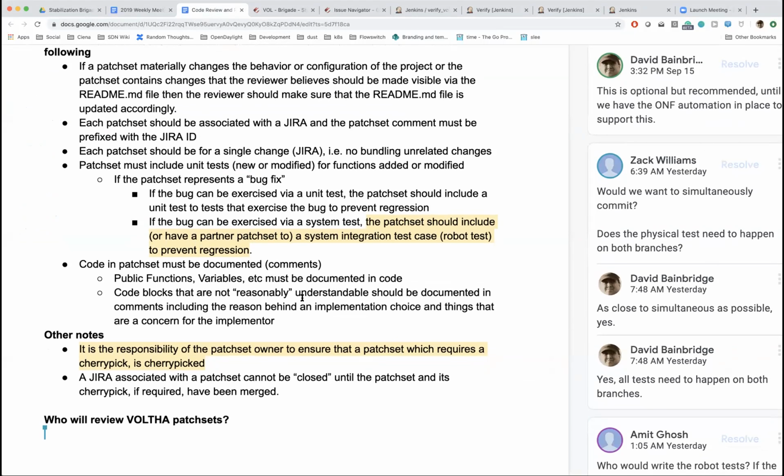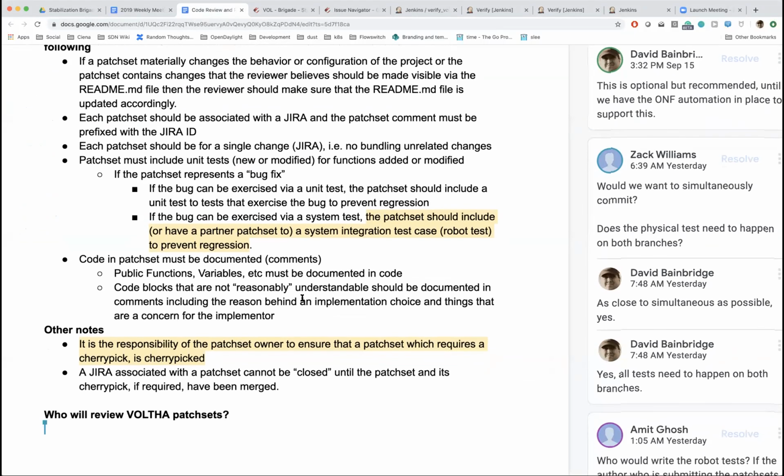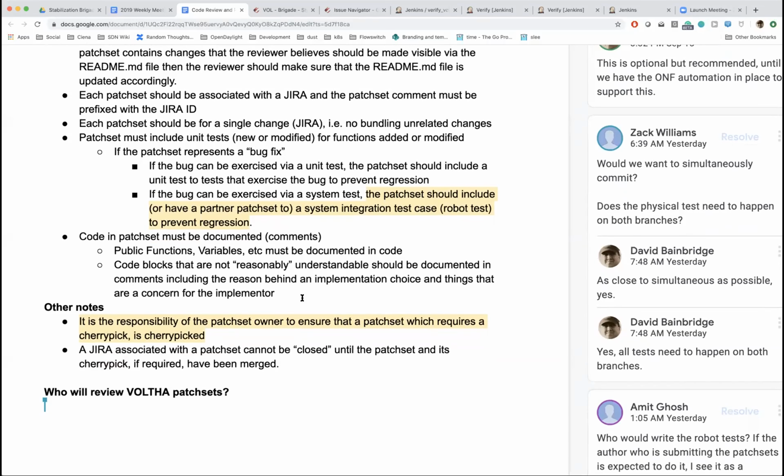We're asking people to step up their game a little bit around documentation as well, to make sure not only that all the public functions, variables, etc., are documented, kind of Go standards, but that some of those comments are meaningful. In other words, if your function is called foo, don't just say function foo.